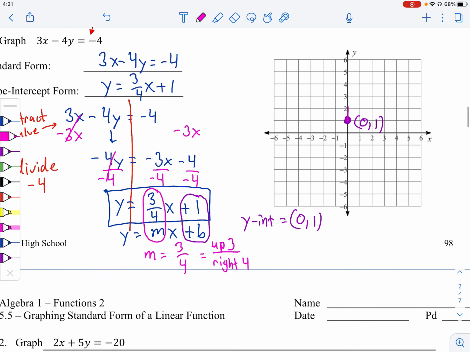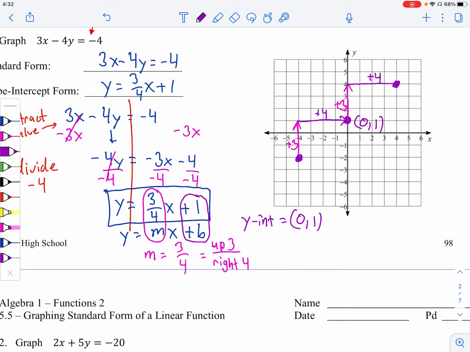So up 3, 1, 2, 3. And then we're going right 4, 1, 2, 3, 4. Right there, point. Up 3, right 4. Up 3, right 4. Follow the pattern the other way too, same pattern, and that's our point.